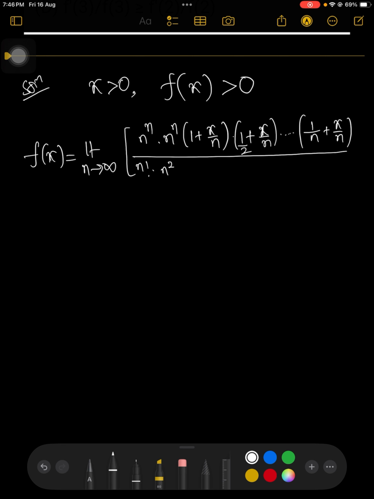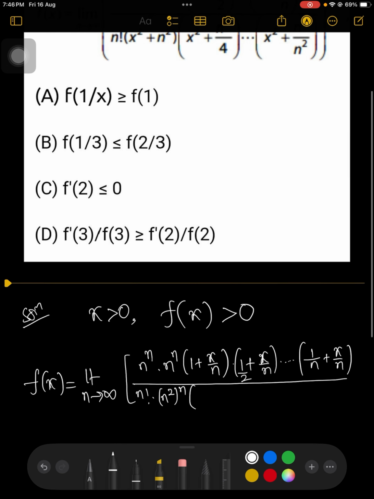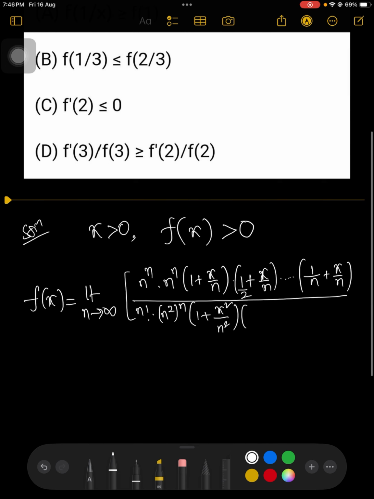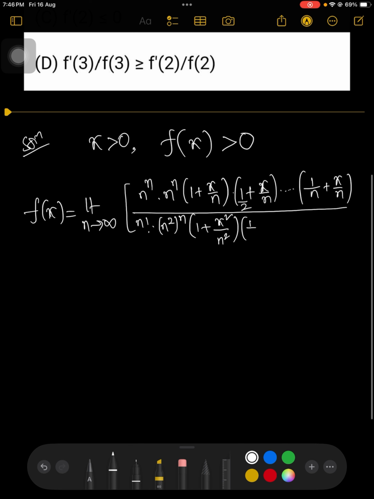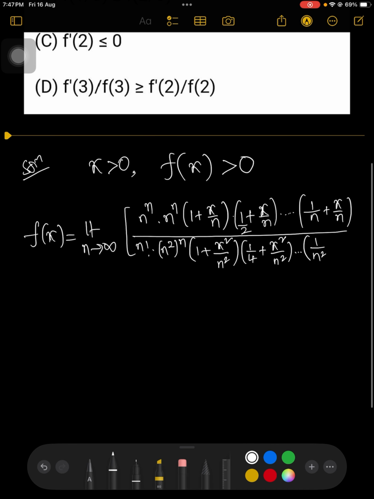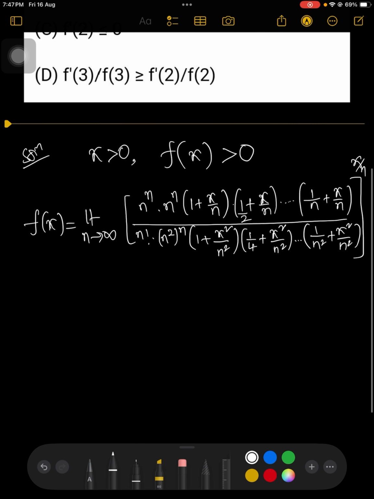So if I take n square common, n terms are there, so taking n square common we get 1 plus x square by n square, 1 by 4 plus x square by n square and so on, 1 by n square plus x square by n square, whole power x by n. Now clearly n power n and n square whole power n will get cancelled.